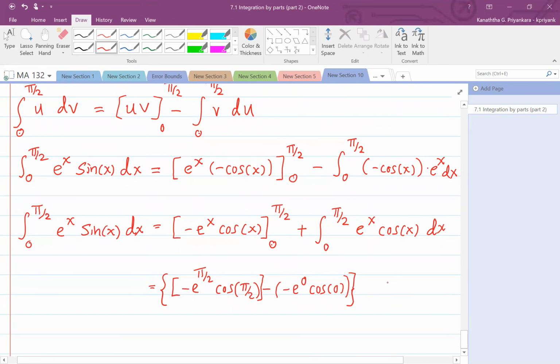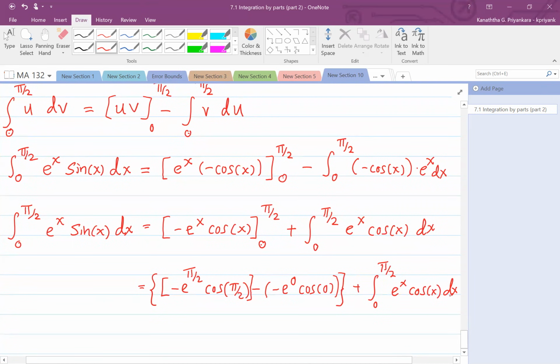And then we have the integral from 0 to pi over 2 of e to the power x cosine x dx.